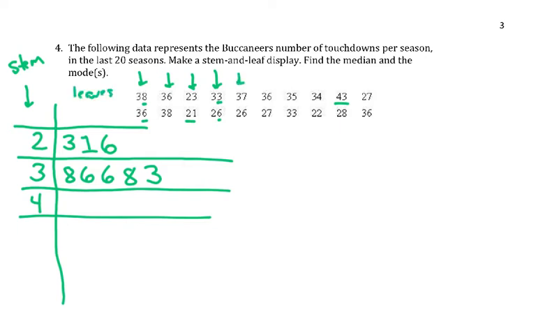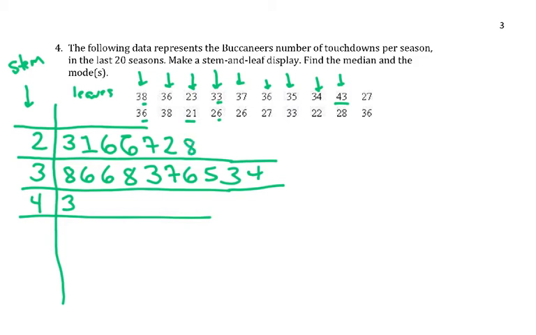So now we have 3, 7, 2, 6. And then 3, 6, 2, 7, 3, 5, 3, 3. There sure are a lot of those in the 30s. 3, 4, 2, 2. 4, 3, 2, 8.